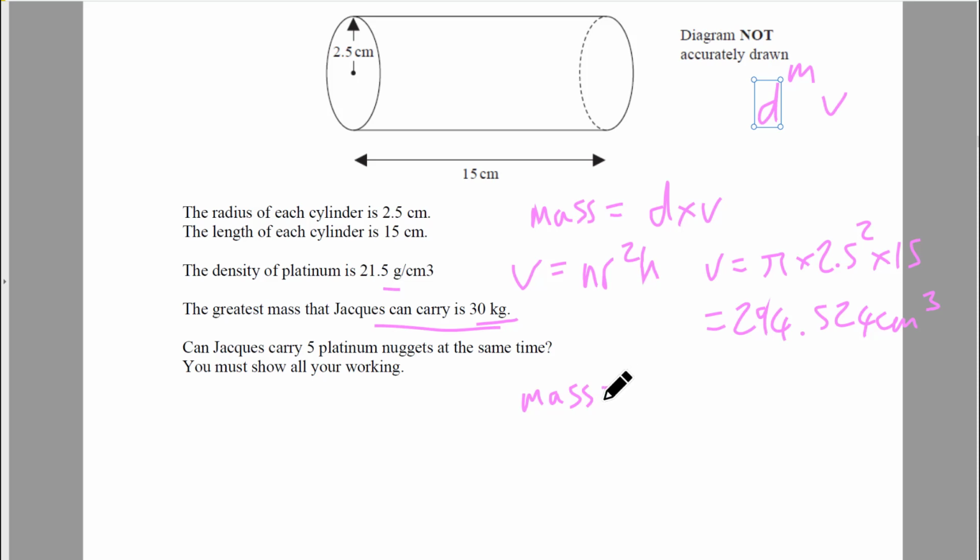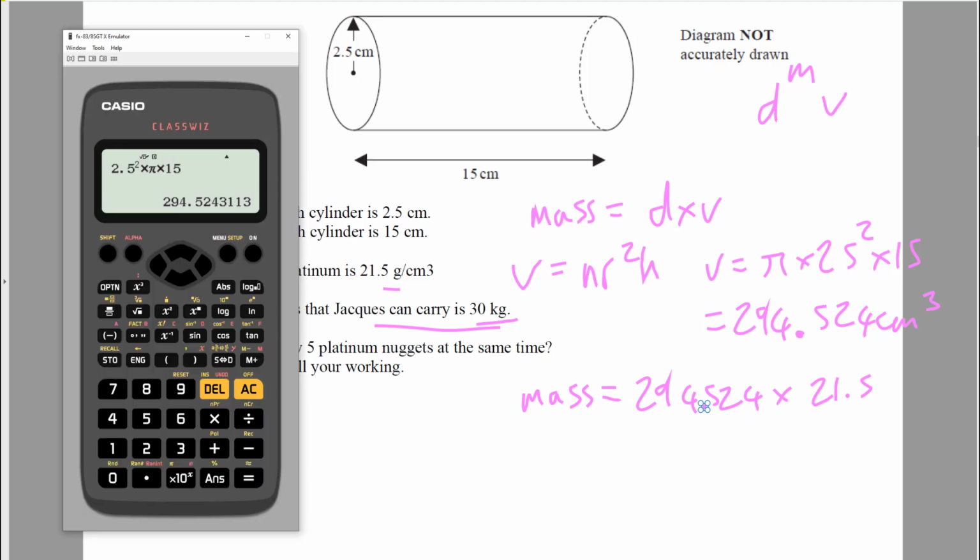So the mass is going to equal our answer, 29.45. Oh, not 29.4. 294.524 times the density 21.5.